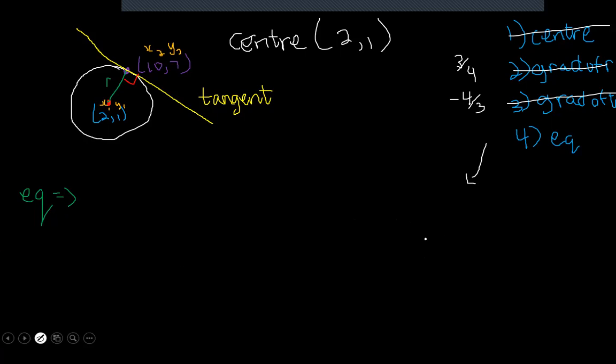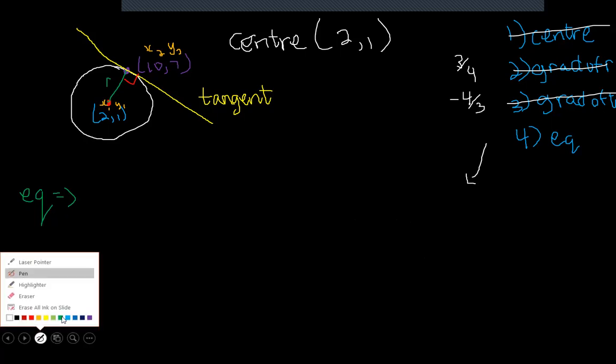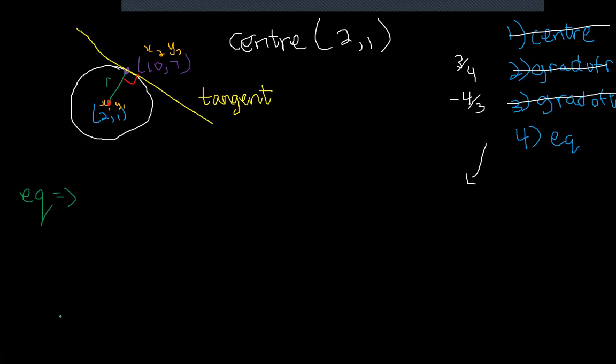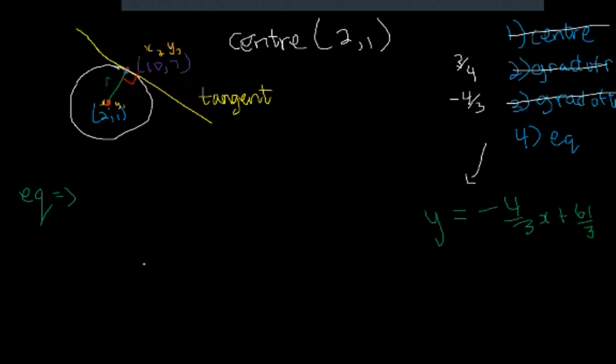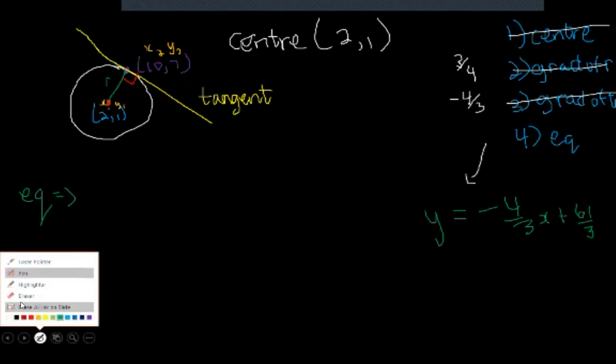Hold on, let me just. Okay, what's your answer? Y is equal to? -4/3x plus 61/3. Yep, that's the answer. Good job. Anybody did not get that?